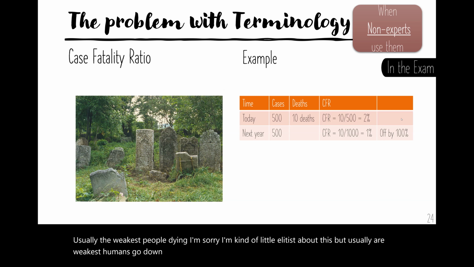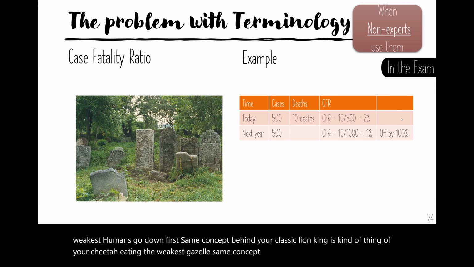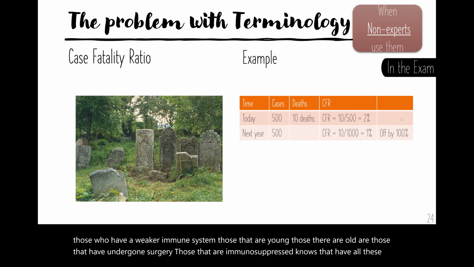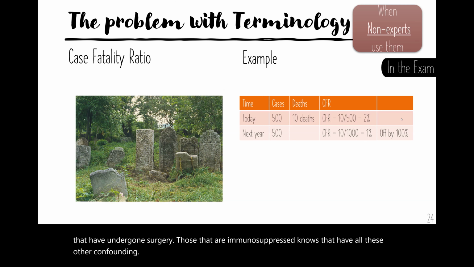Same concept as your classic Lion King-ish thing of the cheetah eating the weakest gazelle. The disease will take its toll first on those who have a weaker immune system, those that are young, those that are older, those that have undergone surgery, those that are immunosuppressed, those that have all these other confounding factors that make them weaker and more likely to die.